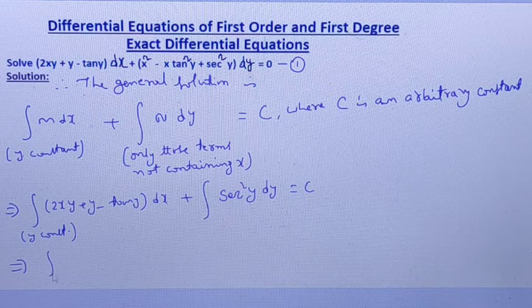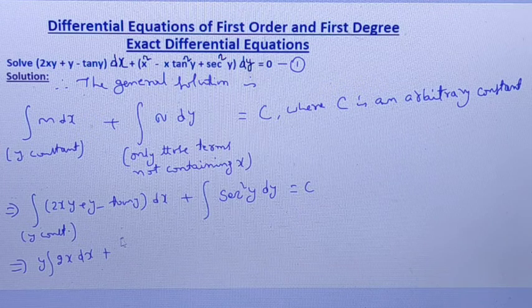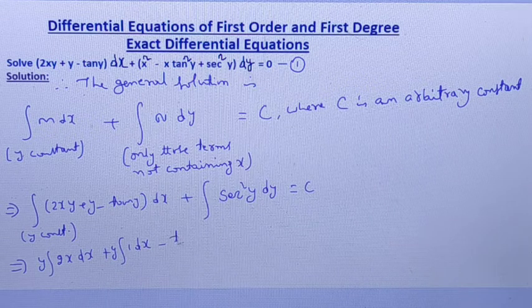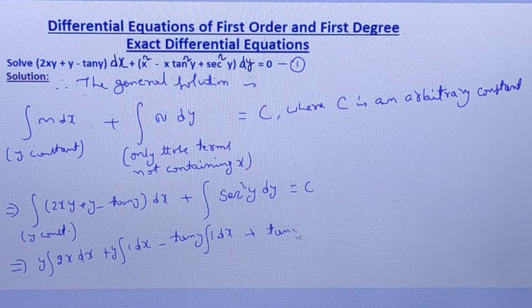Because we are treating y as constant, we write y into 2x dx, plus the integral with y written outside, 1 dx, minus tan y integral of 1 dx, plus the integral of sec^2 y, which is tan y, is equal to c.